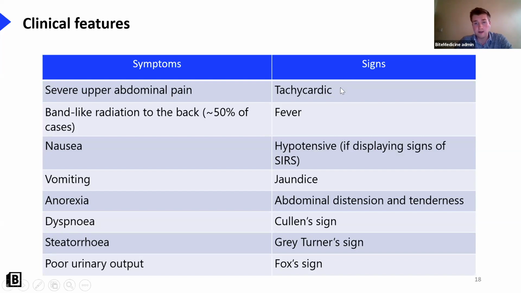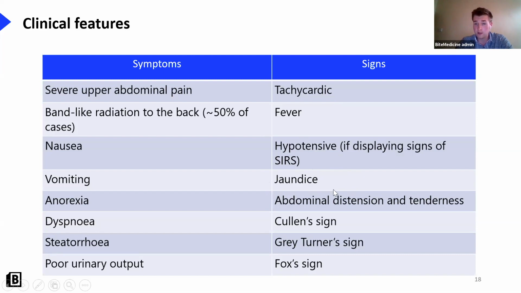And then signs, classic things to watch out for: tachycardia, fever, hypotension if they're starting to develop systemic inflammatory response syndrome, possibly jaundice. It might be that they're an alcoholic, or it's possible that, say, a gallstone is causing significant back pressure.